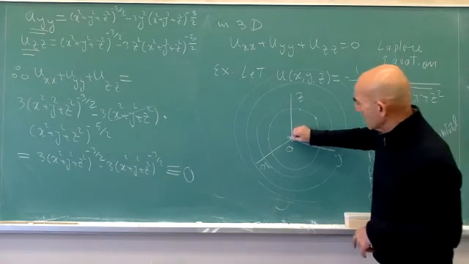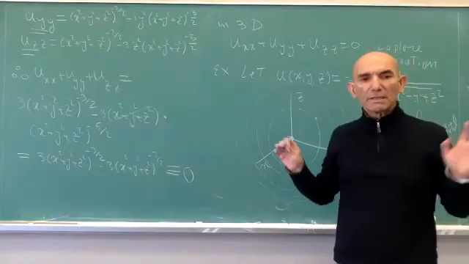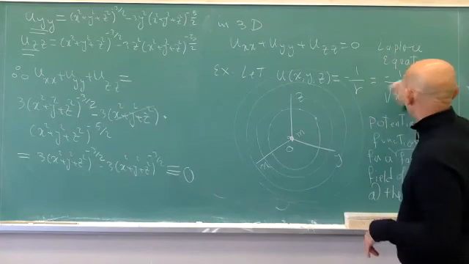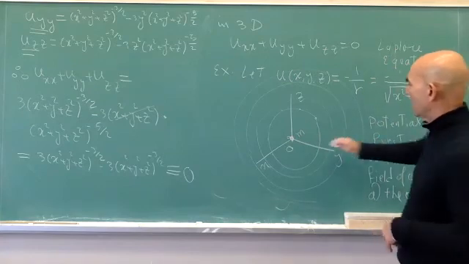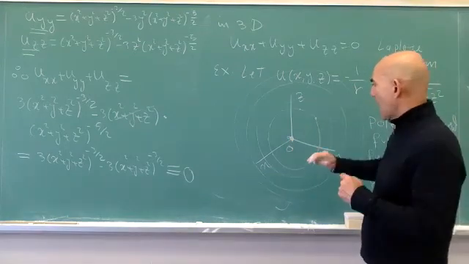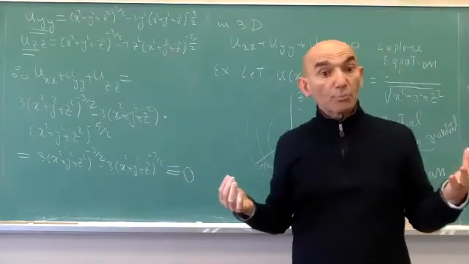If you have a mass, it doesn't matter how big the mass is. Maybe you have to put a factor of m here, but that doesn't matter for our discussion. Let's assume there's a unit mass, and this mass, Newtonian potential, right?